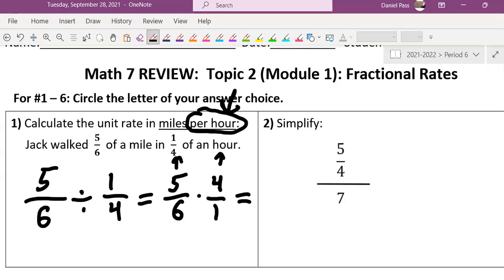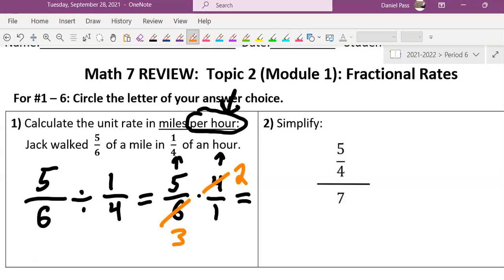Excellent. Then we cross to see if there's something we can cross off. Which numbers? We cross off 4 and 6, because they both go into 2, so 4 becomes 2 and 6 becomes 3.